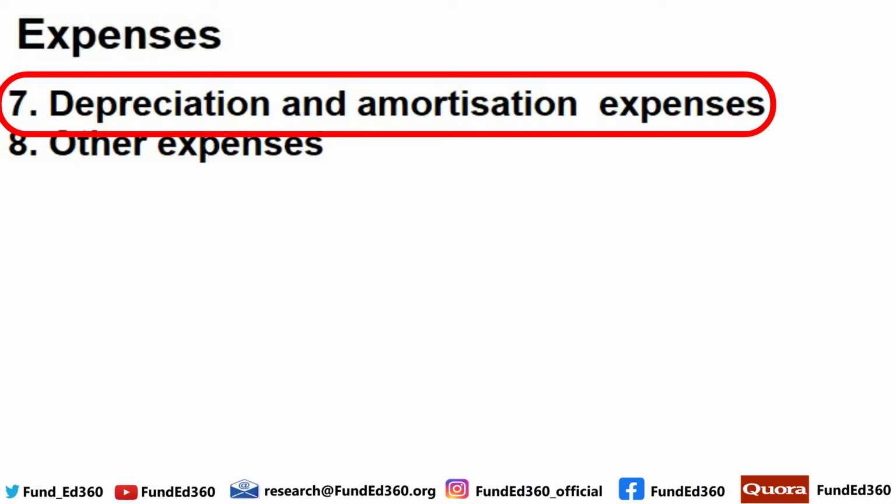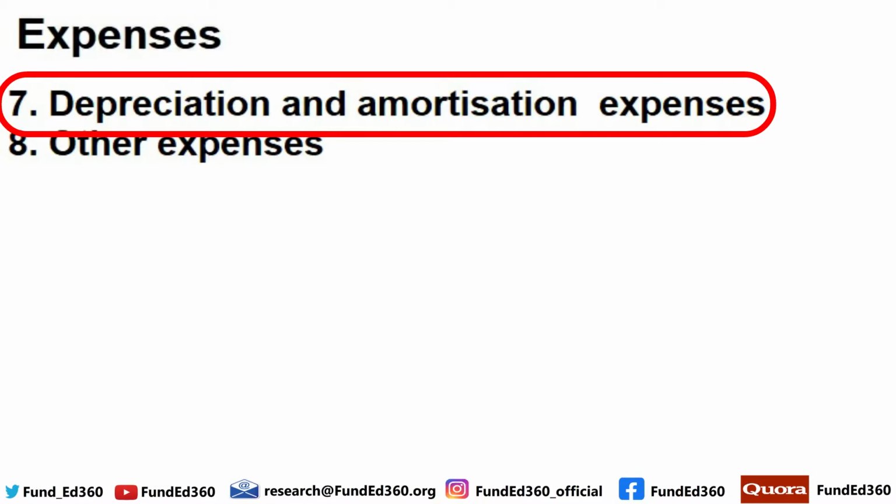The loss in the value of an intangible asset is called amortization. Since the assets of a company reduce in value every year, the relevant loss is accounted for in the P&L statement as an expense. So in this case, HUL has incurred depreciation and amortization expense amounting to almost rupees 938 crores during that particular year alone.